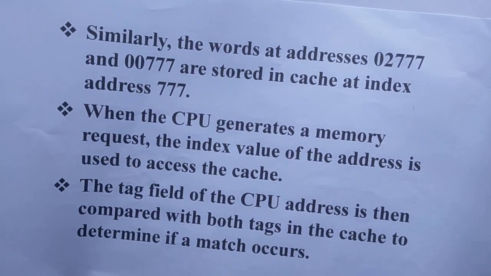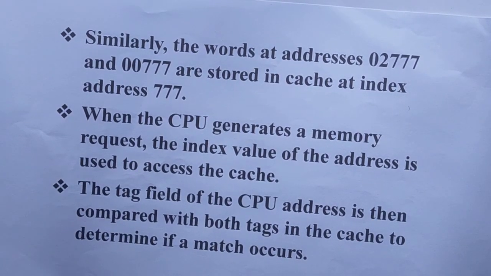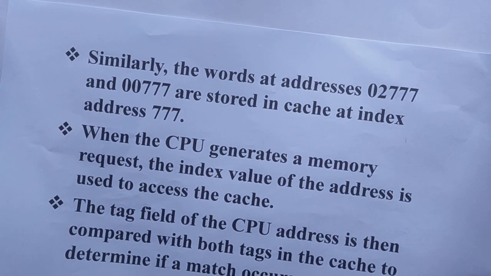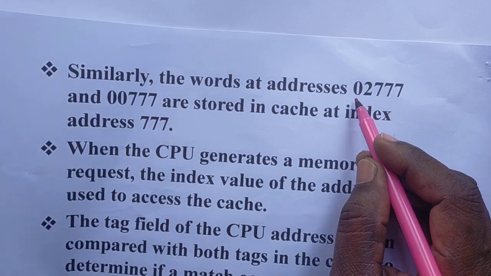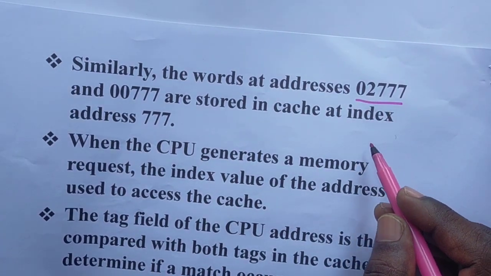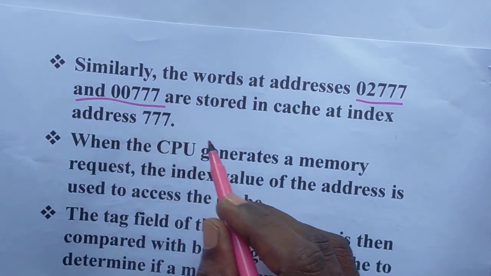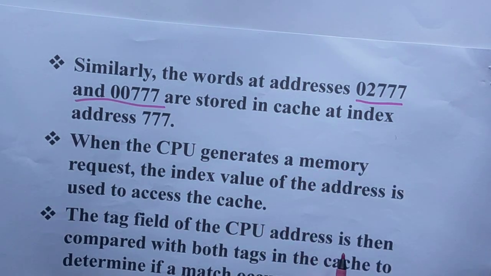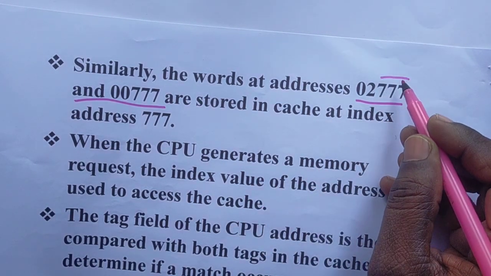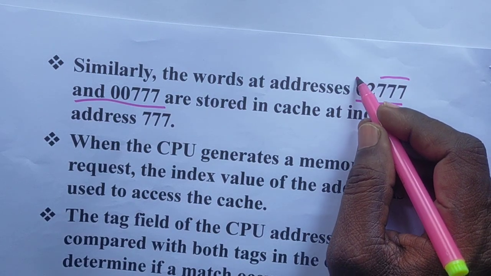You see, similarly, if we go through some word addresses, 02777, another is 00777, it depends on that. Okay, I have already discussed that. The index is 777. You see, the index is 777. The tag is 02.